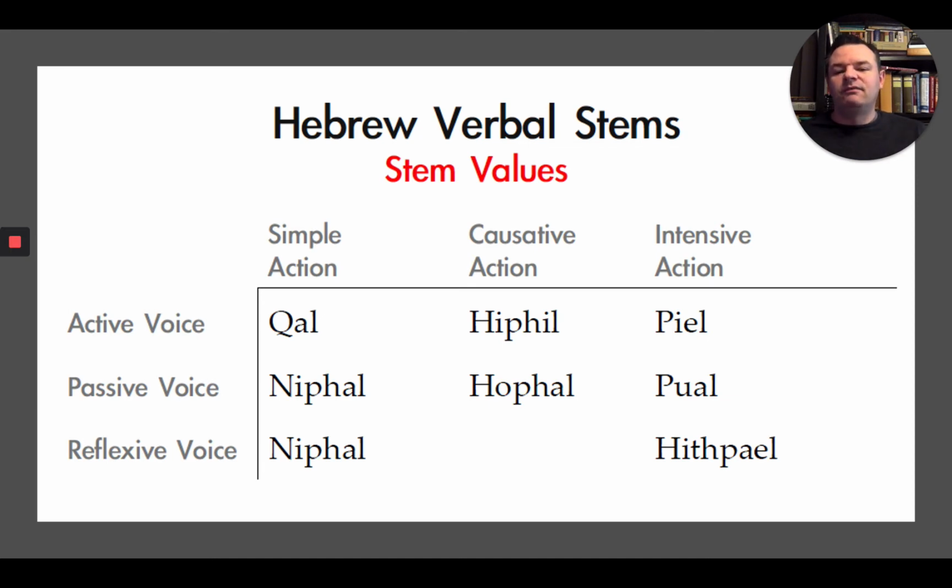With the passive voice, the Niphal is going to be like was broken. The Pual is going to be something like was shattered. And then the reflexive voice might be something like it shattered itself. So the word to wash or to clothe oneself has this kind of reflexive idea to it.